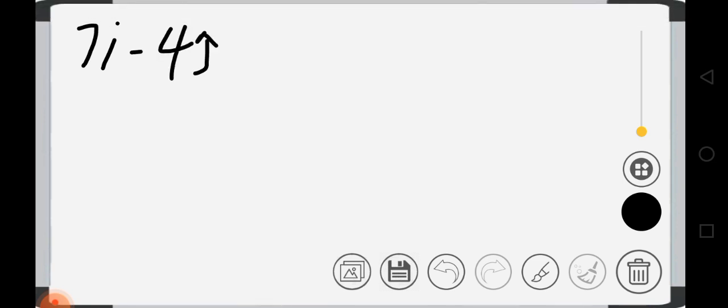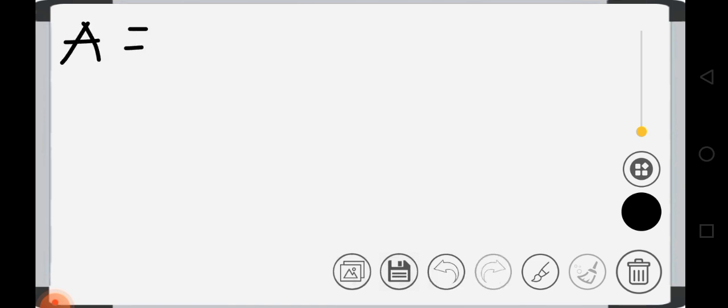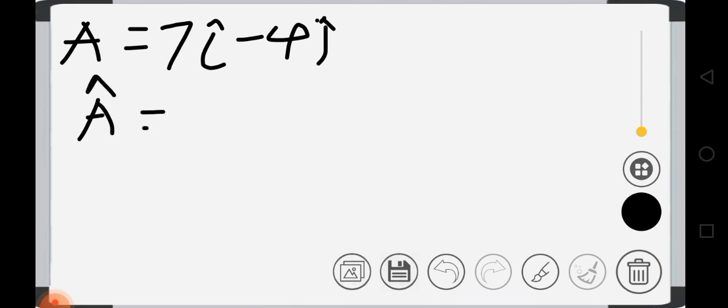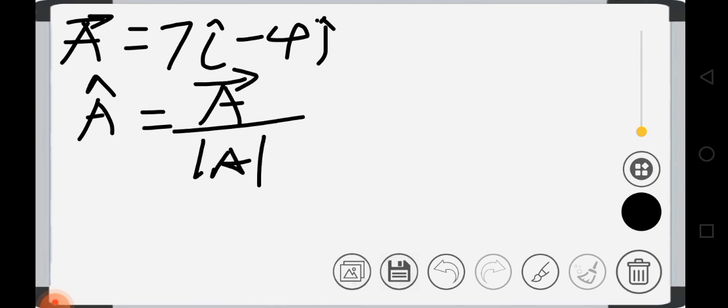Let me call this vector A, so A is equal to 7i minus 4j. The unit vector parallel to A can be written as the vector A divided by the magnitude of A. This is the unit vector parallel to A.